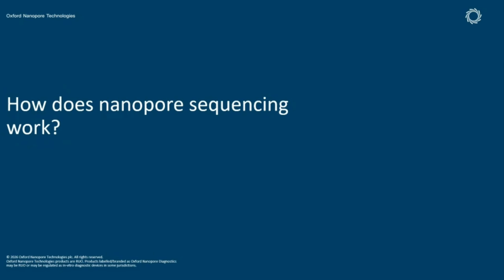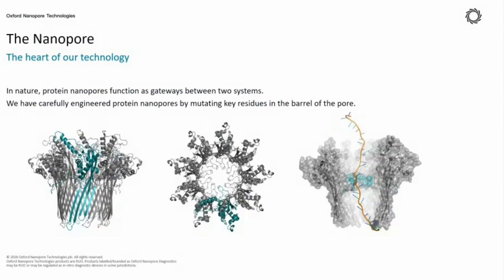So how does nanopore sequencing work? This is the core of the technology. From the name, the nanopore is basically a protein in the shape of holes, which is very small, but still sufficient for a single DNA or RNA strand to go through the pores.